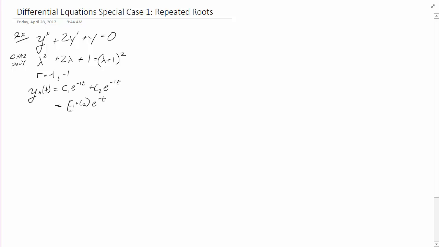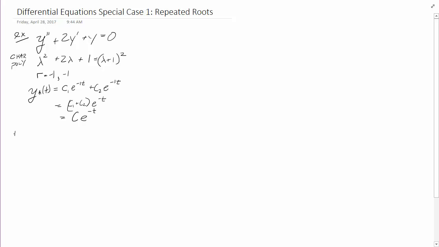Since we don't know these constants, we don't know their sum, so let's just call that one lumped unknown. So here we see that when the roots are repeated, we can combine those terms in the homogeneous solution, and they end up being just one term. Okay, that's fine. Nothing terribly wrong with that. We've still got something here for the homogeneous solution. So let's try and solve a diffEQ using it.